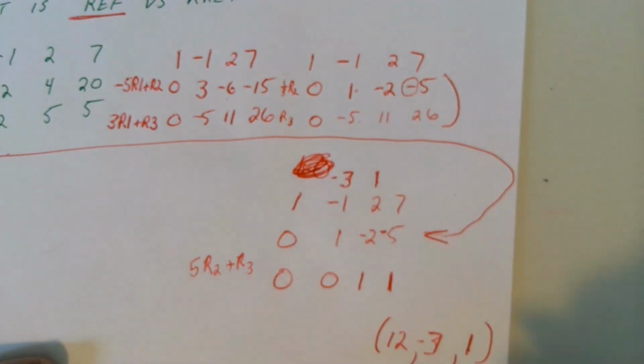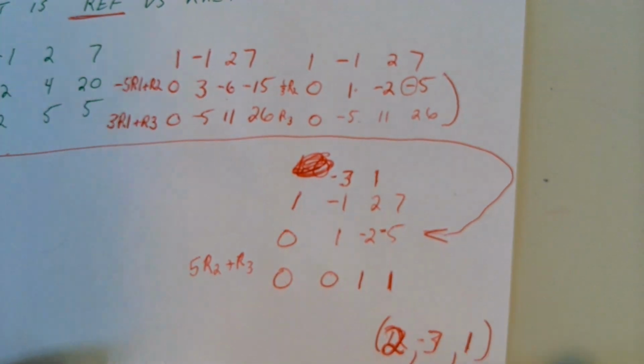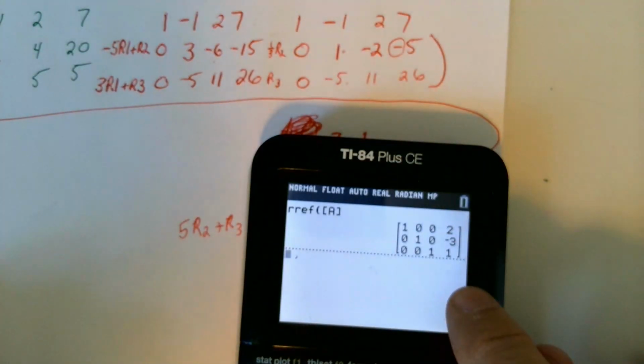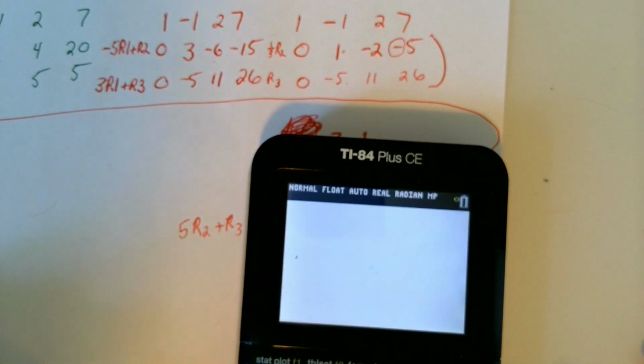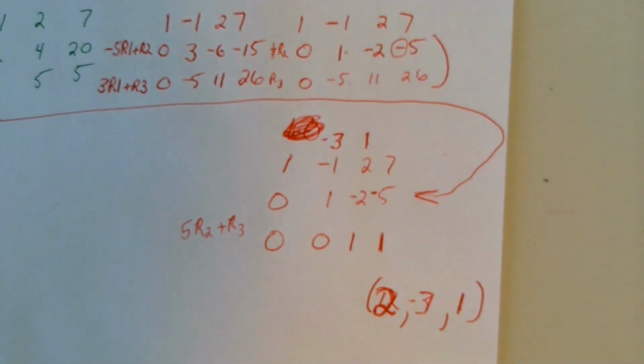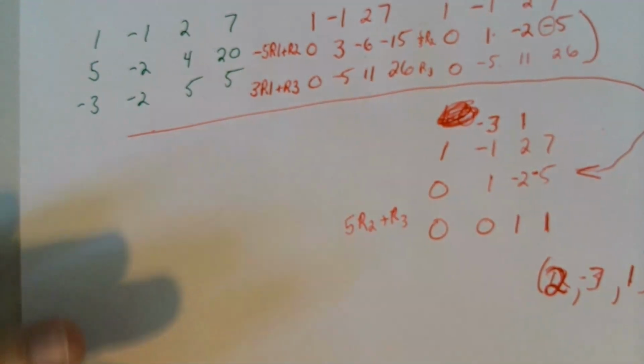When I subtract 5 from the other side, 7 minus 5 is 2. So 2, -3, 1. That's the solution. And surprise, surprise, 2, -3, 1. That one works right there. And yes, there's a lot of ways that you can mess these things up. We're just going to do our best to not have those things.